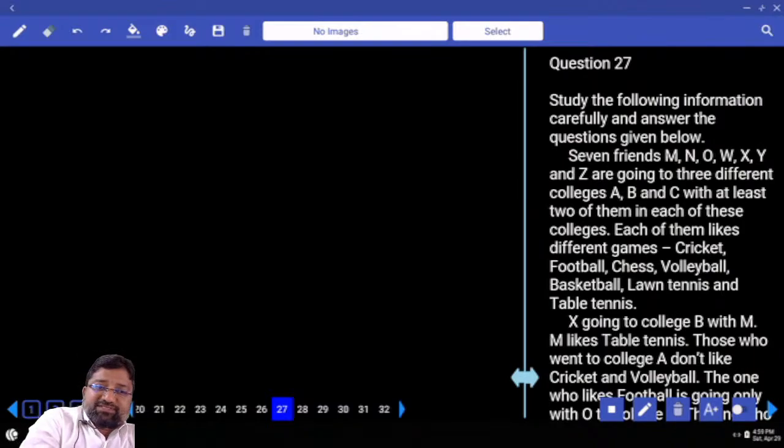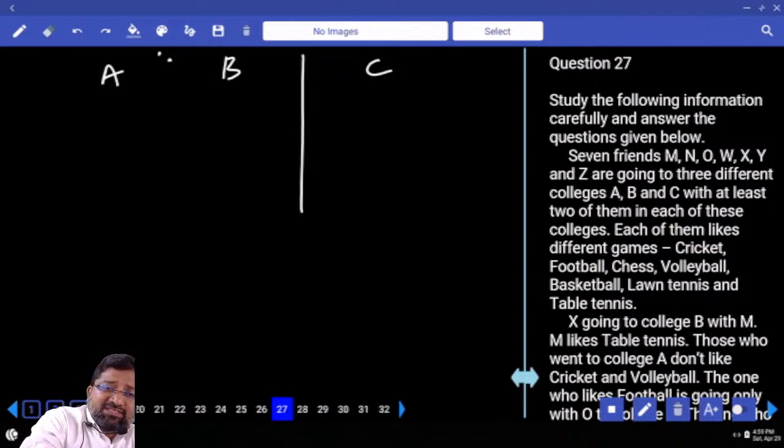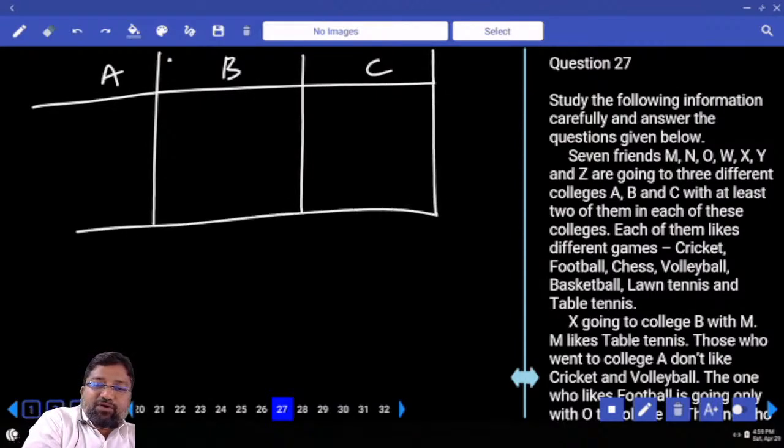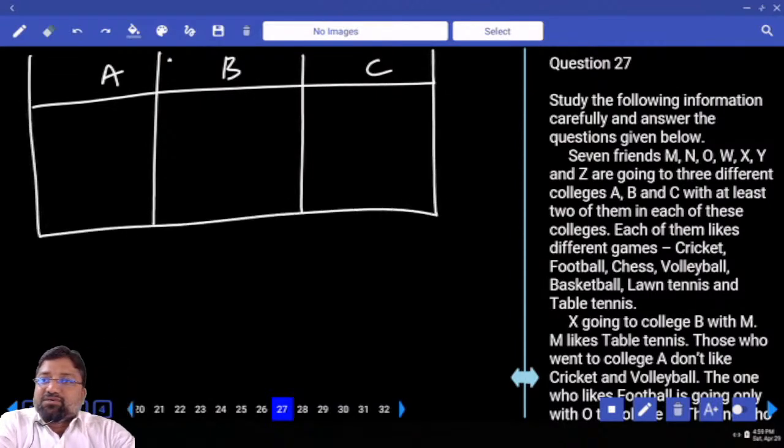What are the names of the colleges? A, B, C. The number of colleges is less, minimum 2 in each, so what will be the combination? 2, 2, 3. You know that, right?